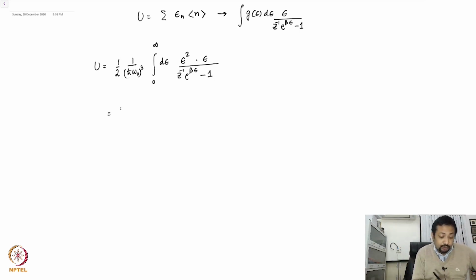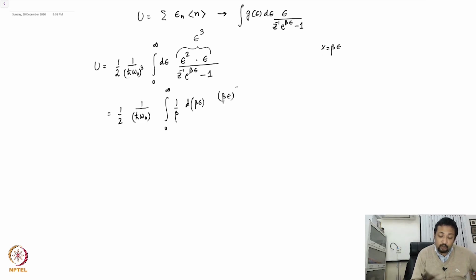Now, as usual, we use the transformation of variable x equal to beta epsilon, so that I have 0 to infinity, 1 over beta d of beta epsilon, and then I have an epsilon cube over here, so that makes it beta epsilon whole cube, and I have 1 over beta cube, z inverse e to the power beta epsilon minus 1.